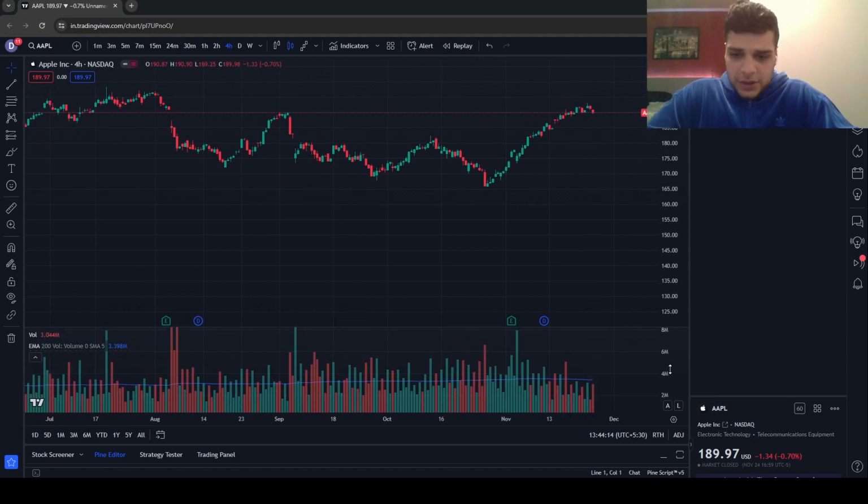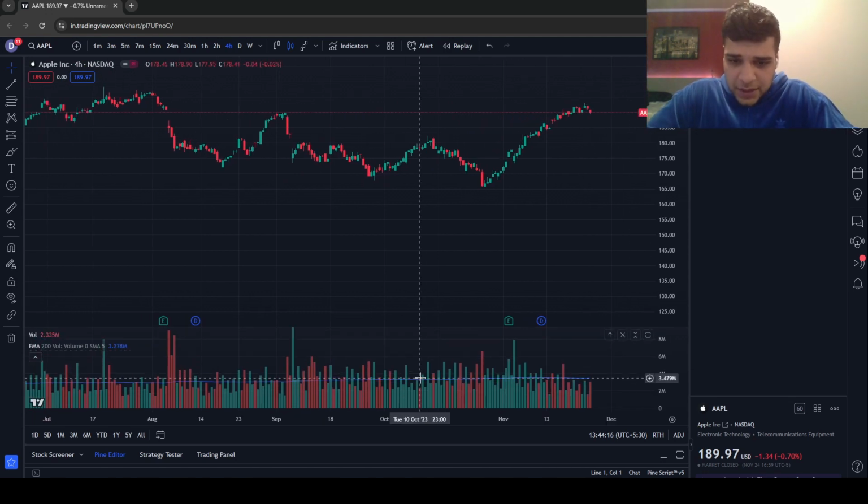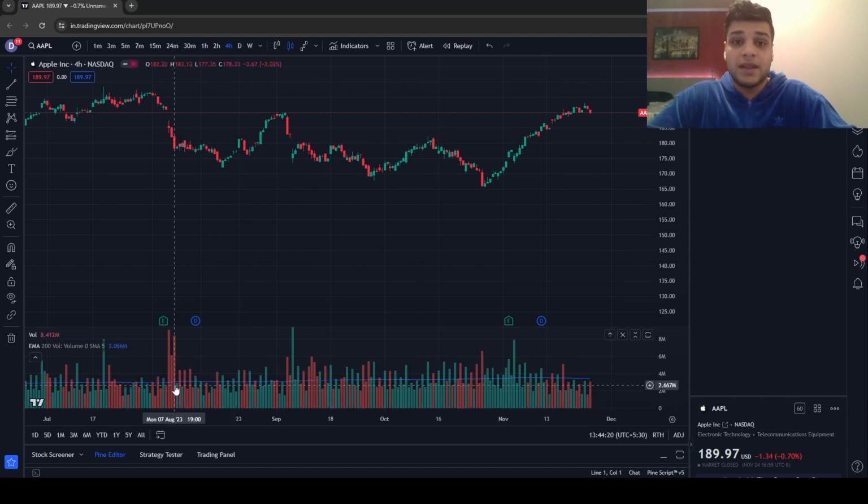Now what you'll notice is the 200 EMA, of course, most of the candle bars, because it's such a long exponential average that we're choosing here, most of the bars are just about the same height, slightly under, slightly over from the 200 EMA.